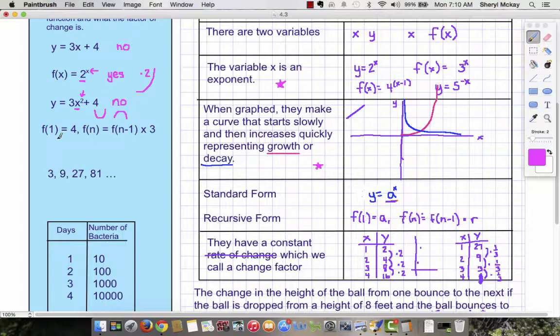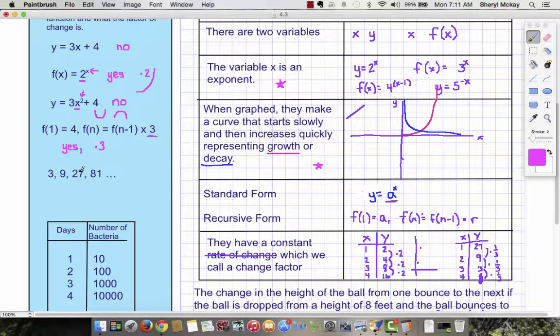We start at 4, okay? And we are going to find the next term by looking at the previous term and multiplying by 3. So yes, these sequences are exponential functions, and the change factor is right there. What do we multiply each term by? We multiply by 3. All right?